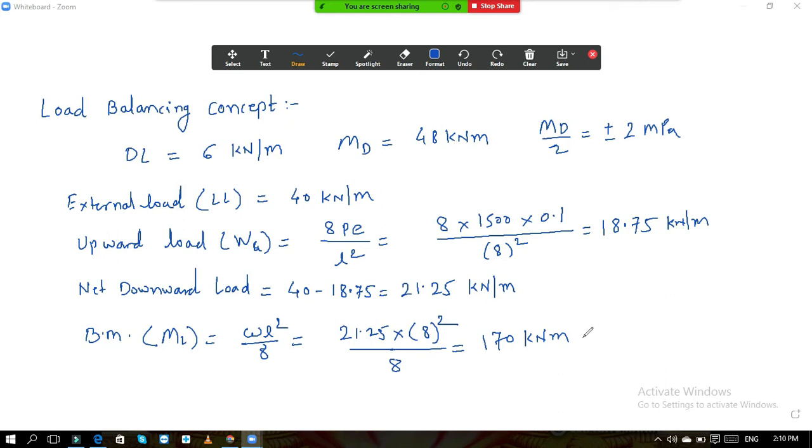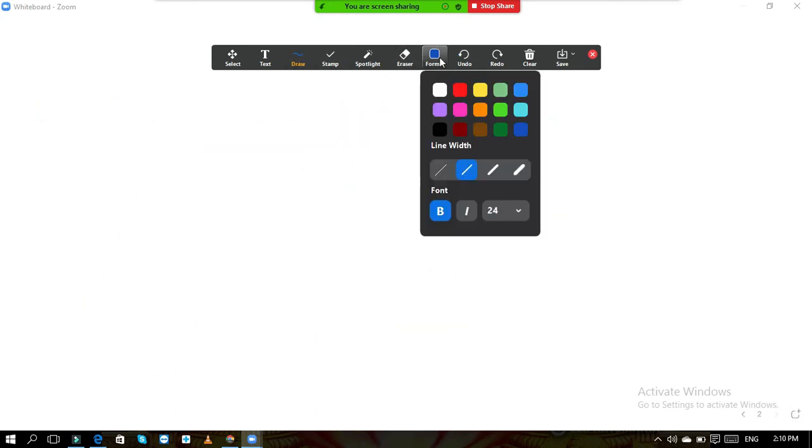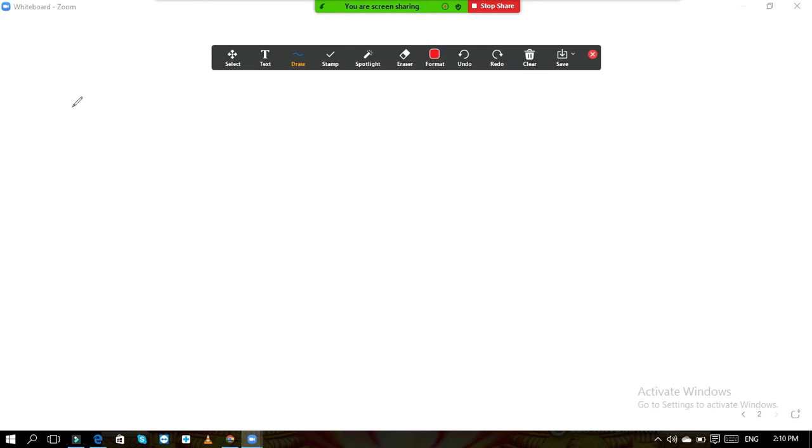So now after this moment calculation, we will calculate the stresses at top and stresses at bottom. So the resultant stresses.